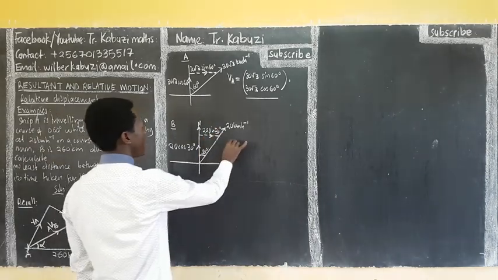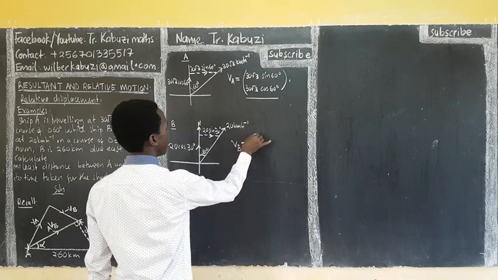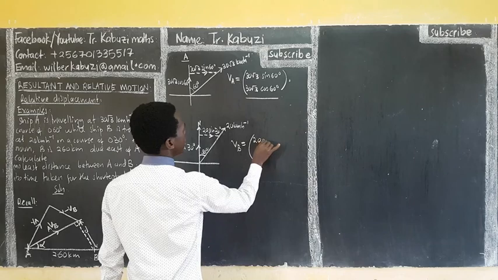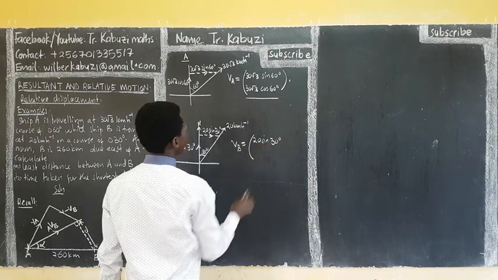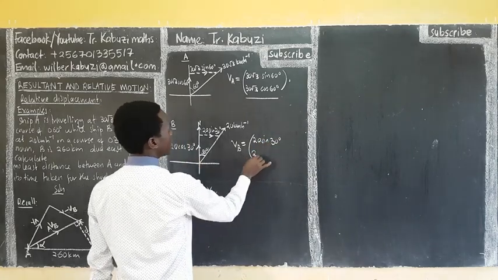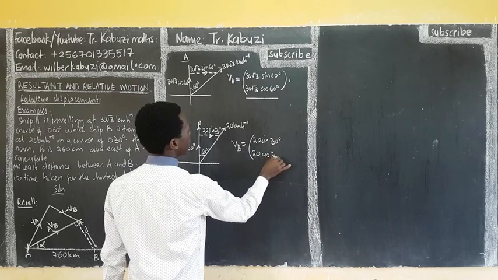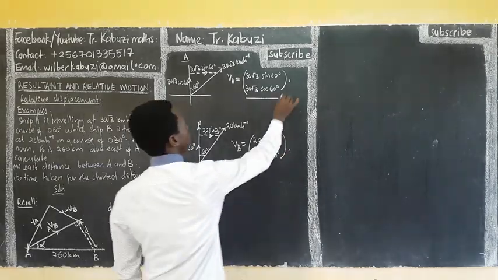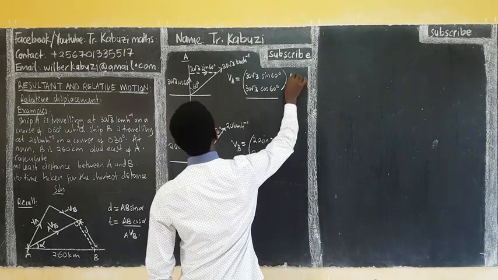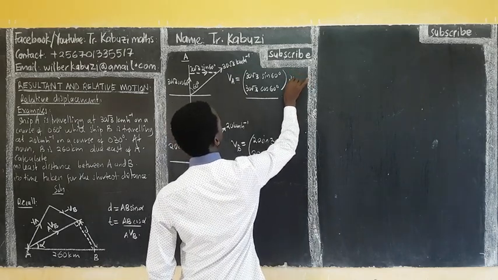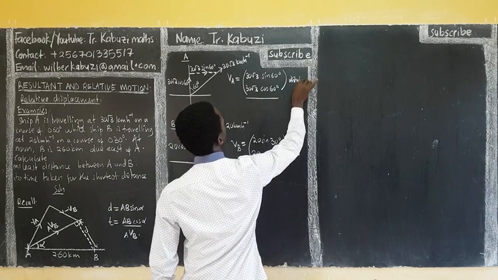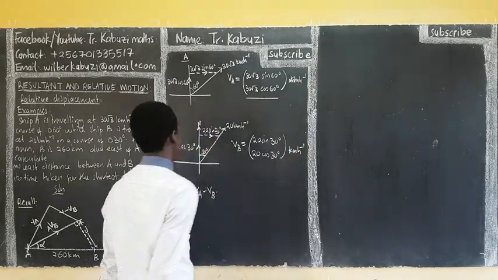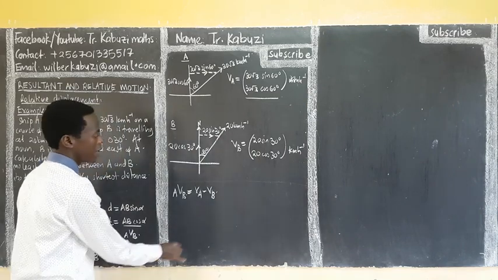So my velocity of B: the horizontal component is 20 sine 30 degrees, then the vertical component is 20 cos 30 degrees. This is in kilometers per hour, and this one is also in kilometers per hour.